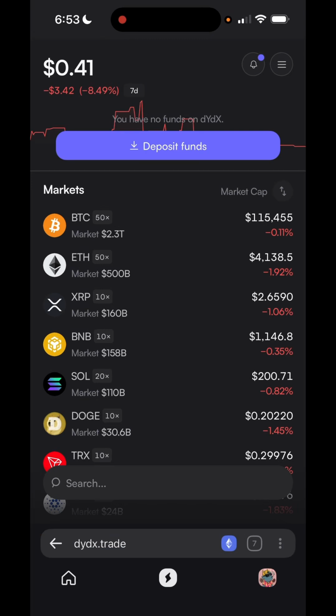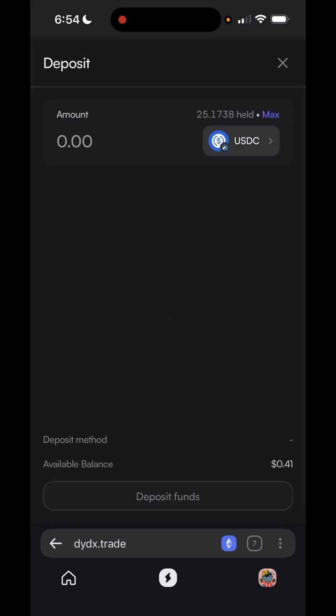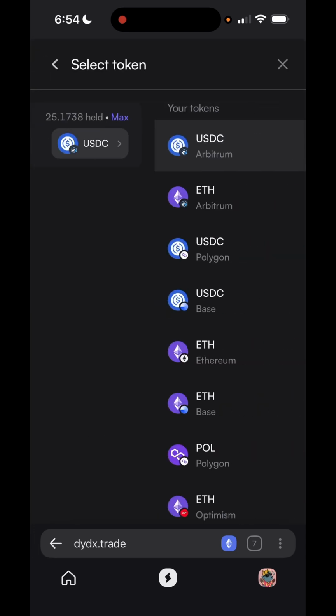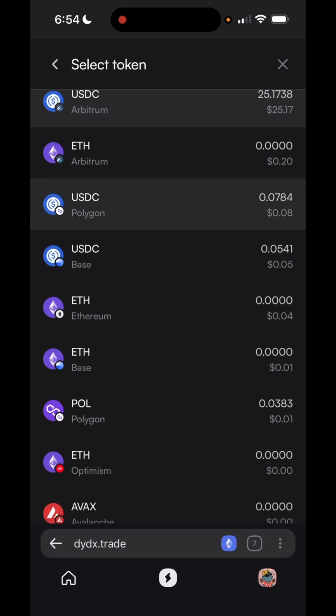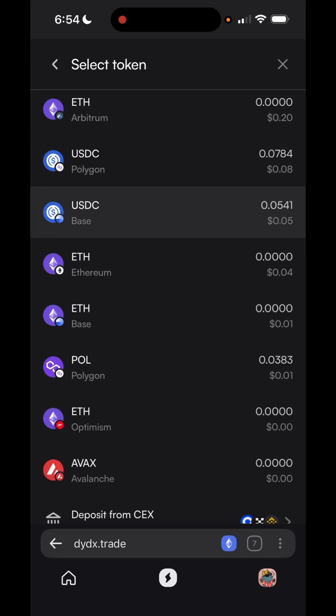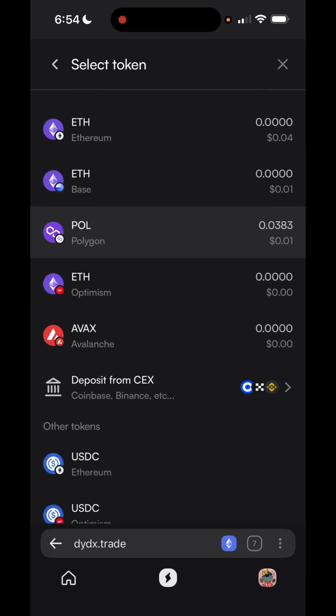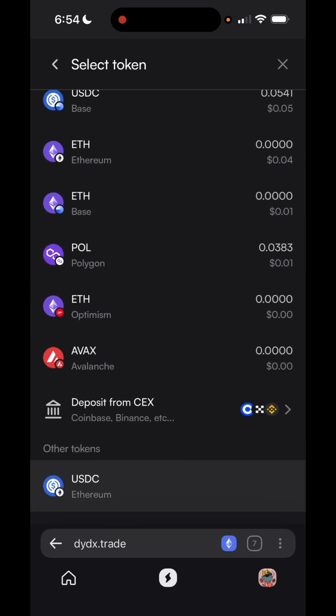So we fund dYdX with USDC or any of the available chains. We have a lot of chains available for you to choose. We have the USDC Arbitrum, the Ethereum Arbitrum, the USDC Polygon, the USDC Base, the Ethereum, the Ethereum Base, the Polygon, the Ethereum Optimism, and a whole lot more.